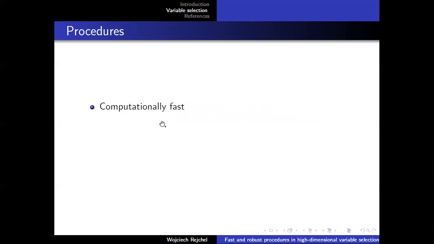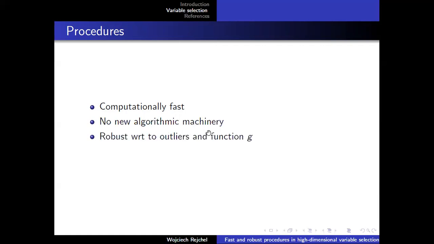Moreover, it is computationally fast. We do not need any new algorithmic machinery. You can use, for instance, the glmnet package in the R program. It is robust with respect to outliers because we use ranks. It does not need the function G. The question is, in fact, what we estimate. I think it's clear that using our rank estimator, we do not estimate the parameter beta.